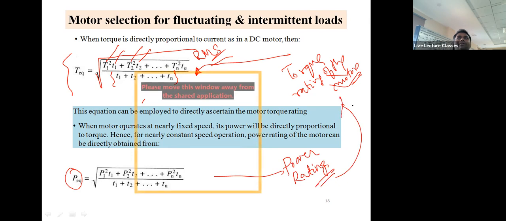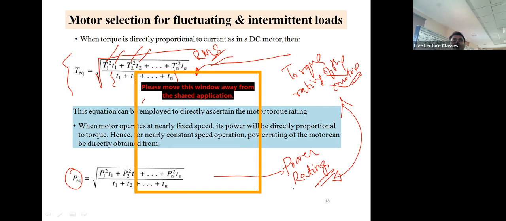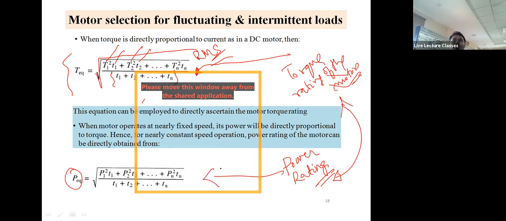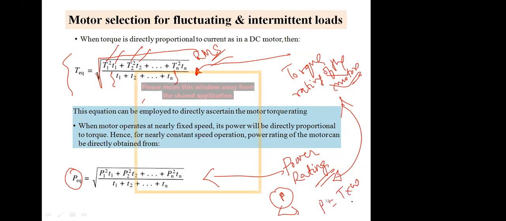The formula seems to be the same, but are the two different? Obviously, it's different. Why? Because a motor may be of the same power but might not give the delivered torque, because power equals T into omega.